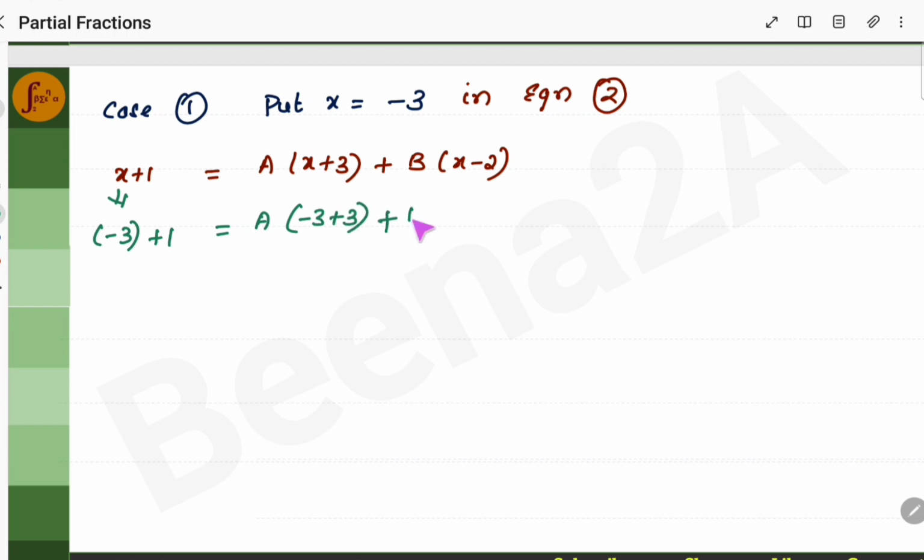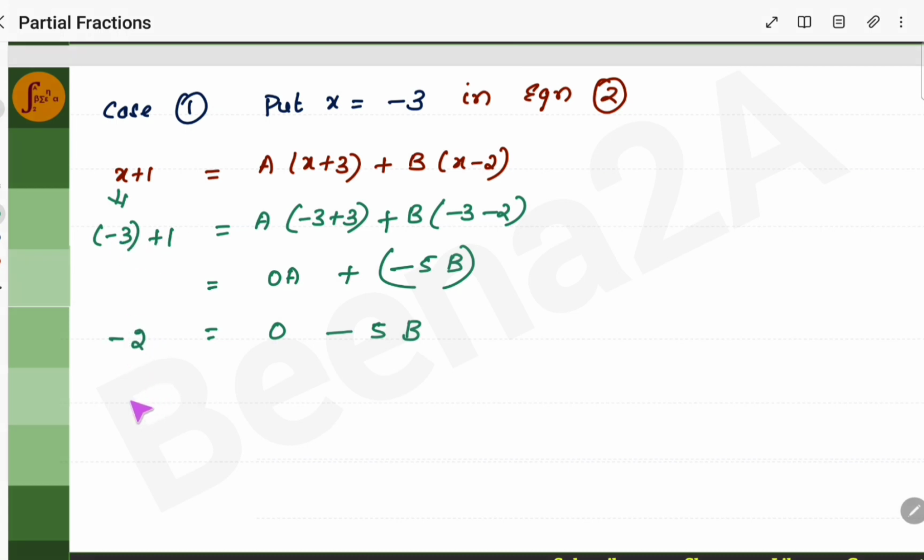Instead of x, I'm putting minus 3. So I'll simplify. So minus 3 plus 3 will become 0. So I'll get 0 into a plus minus 5 minus 5b. So 0 you can ignore, it becomes 0. Plus and minus is minus. So minus 5b. And here it's minus 3 plus 1 is minus 2.